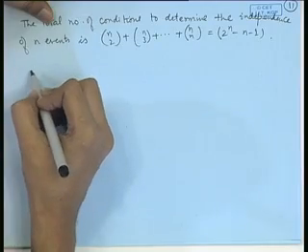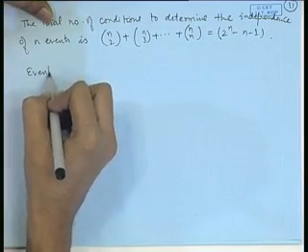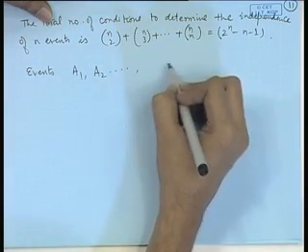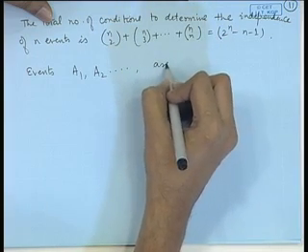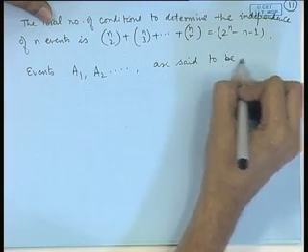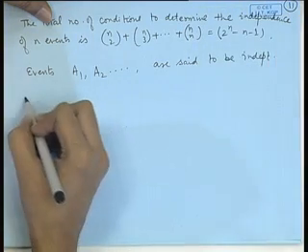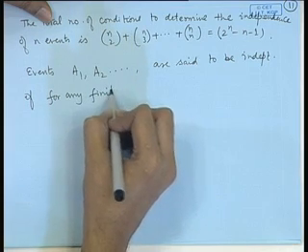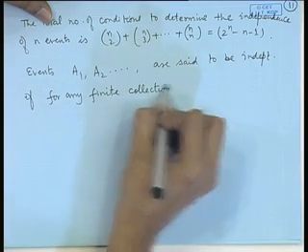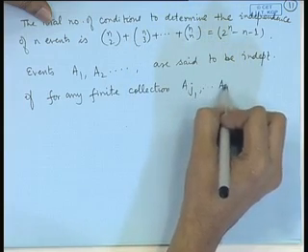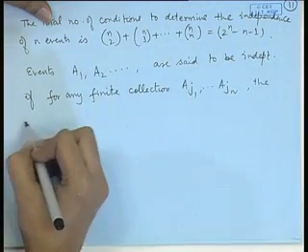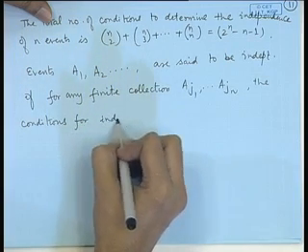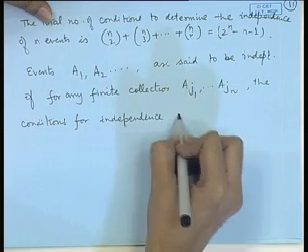So, we define events A1, A2 and so on, that means the indexes are belonging to some set, are said to be independent if for any finite collection, let me call it say Aj1, Aj2, ..., Ajn, the conditions for independence are satisfied.